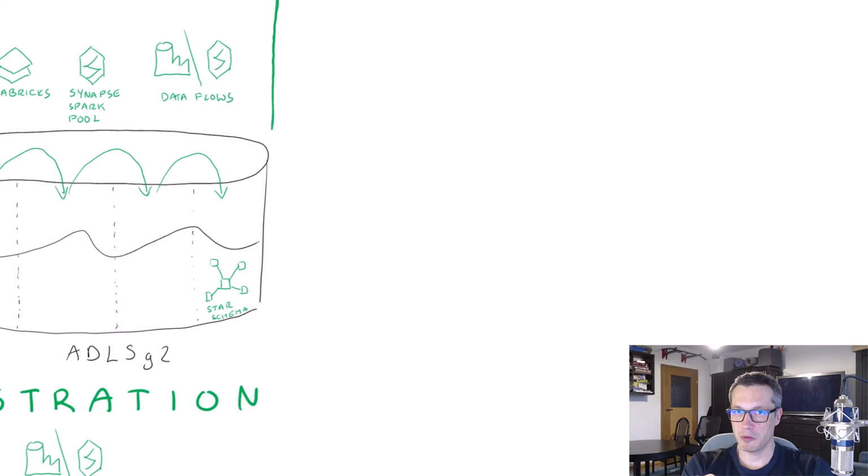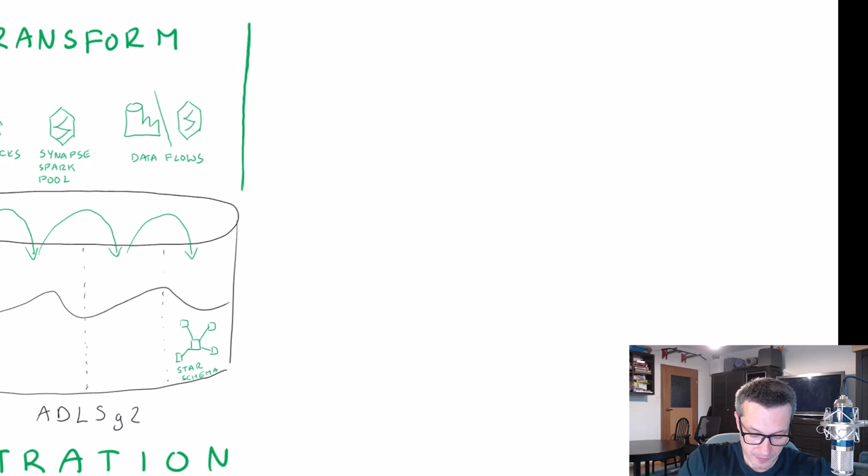And that's where dedicated SQL pool can be used. So actually, let me draw on our diagram where this dedicated SQL pool fits. So it is yet another stage after ingestion and after transforming.